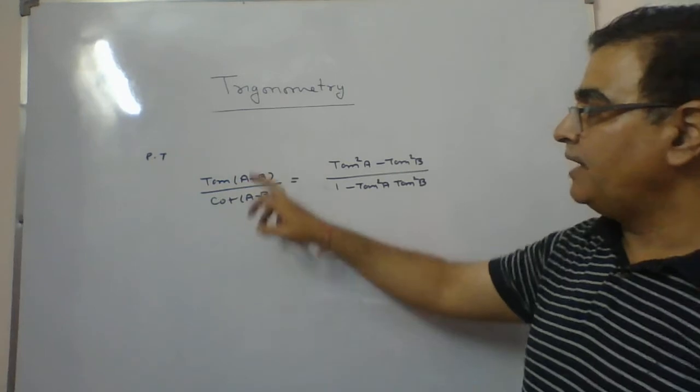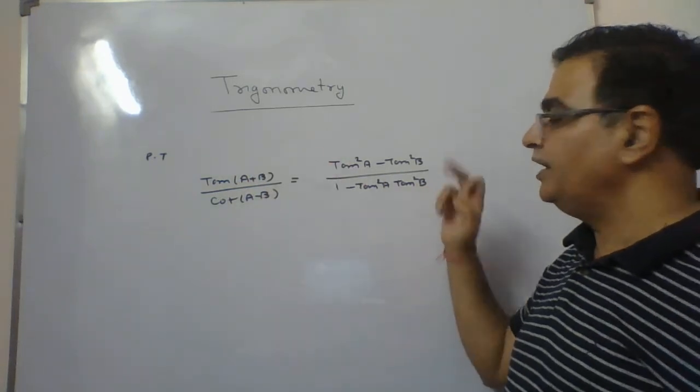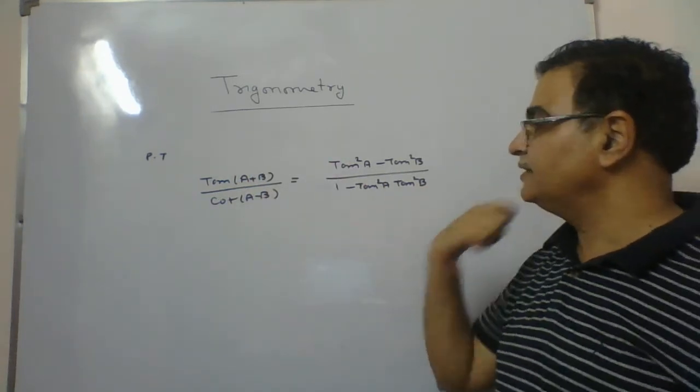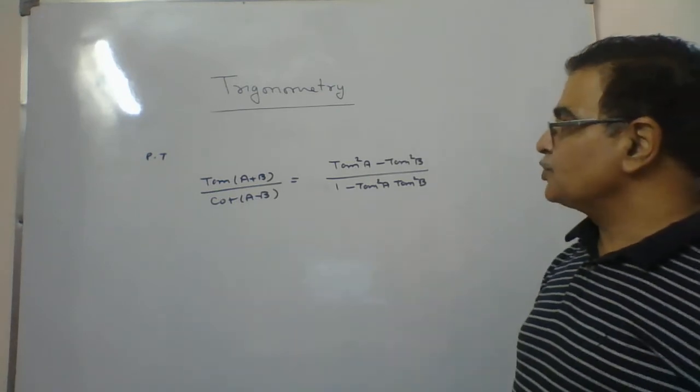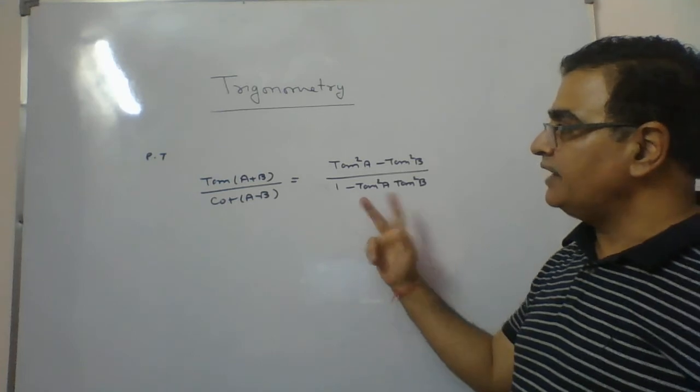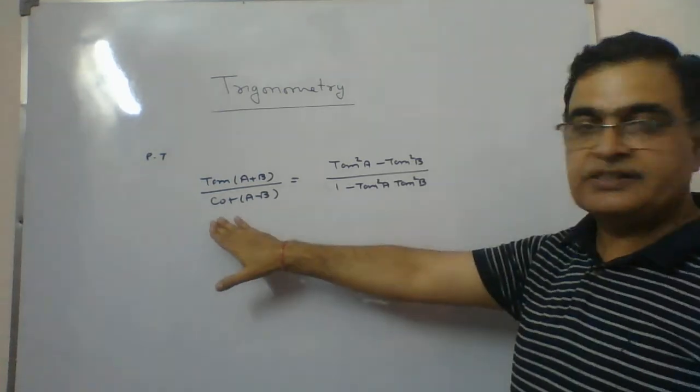Tan A plus B by cot A minus B is tan square A minus tan square B by 1 minus tan square A tan square B. Now there are 2 options to solve this question. Either you go from this side or you go from this side. I'll take this side first.